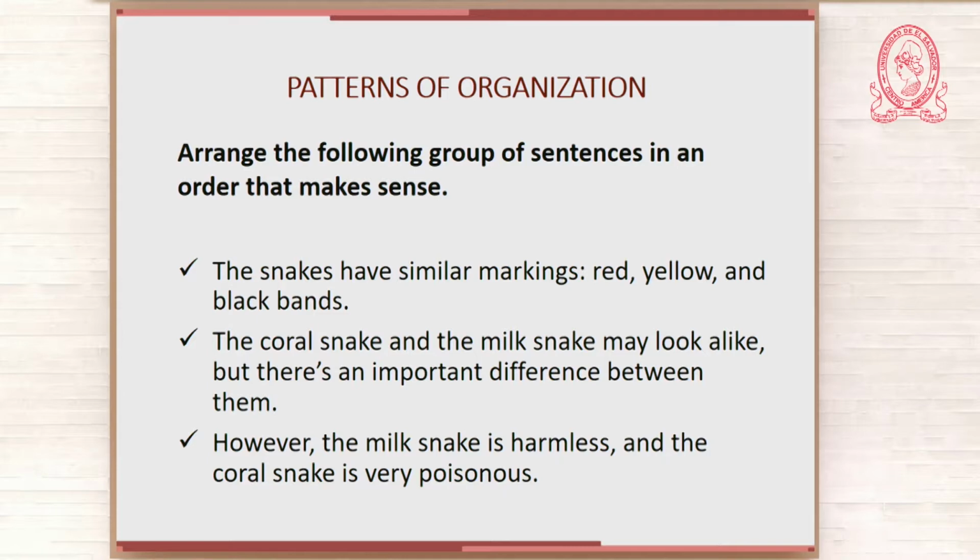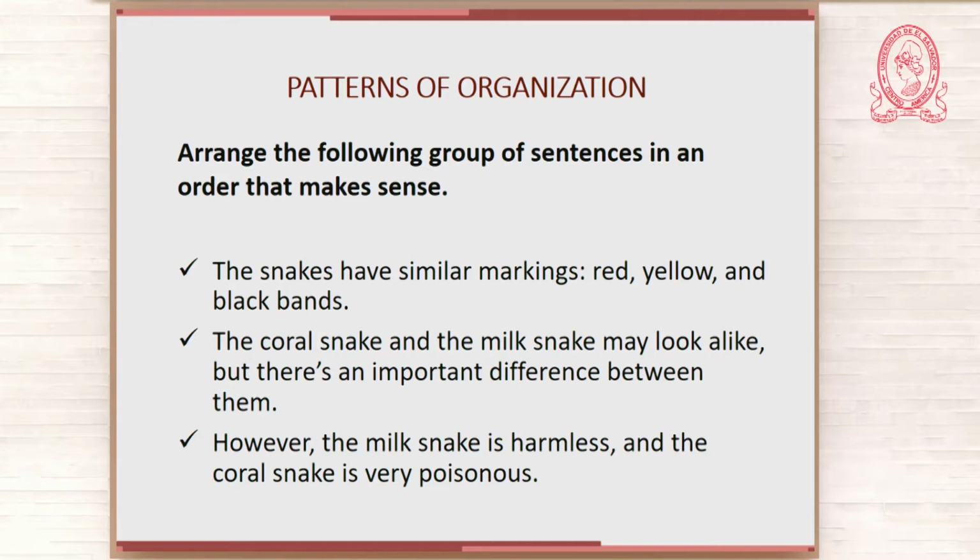Sentence 1. The snakes have similar markings, red, yellow, and black bands. Second, the coral snake and the milk snake may look alike, but there's an important difference between them. However, the milk snake is harmless and the coral snake is very poisonous.